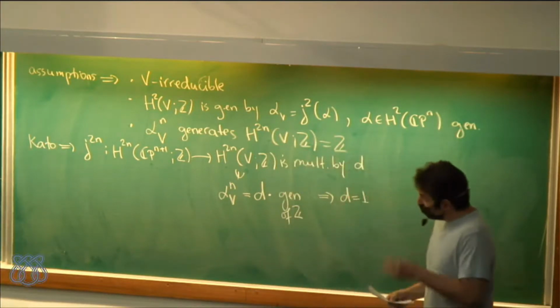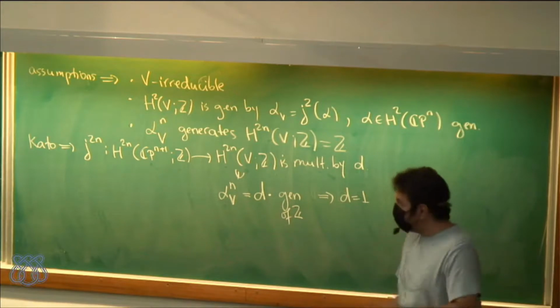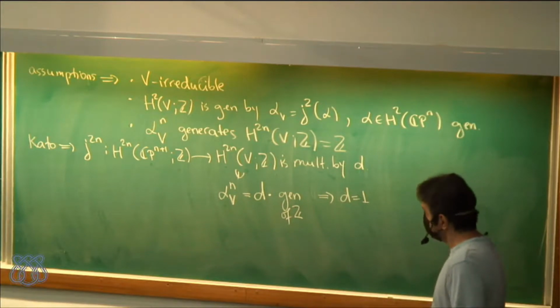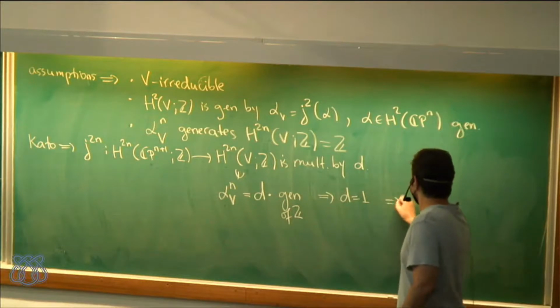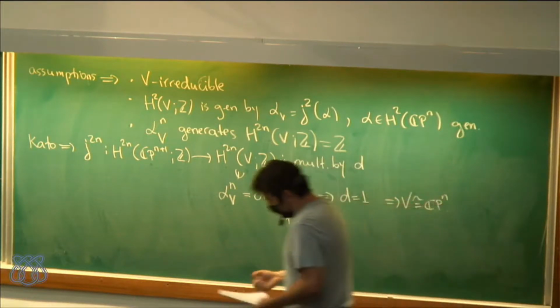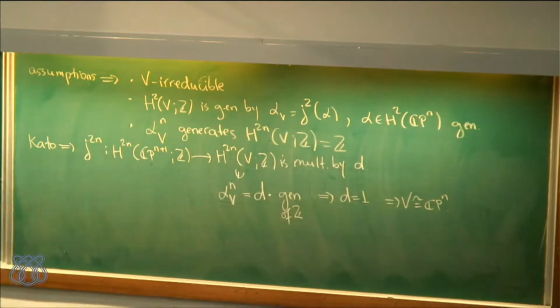So D is 1 means the defining polynomial is linear, hence V is a hypersurface, is a hyperplane.